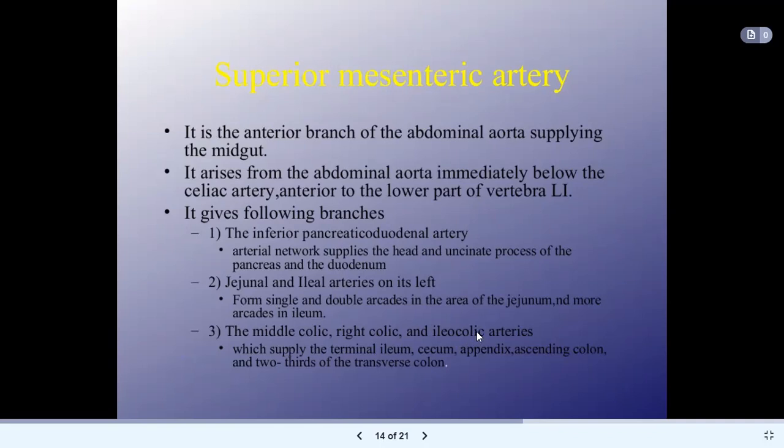That is what we call the ileocolic artery, as you will see in the diagram. They supply the terminal ileum, the cecum, the appendix, the ascending colon, and 2/3 of the transverse colon. The other 1/3 of the transverse colon will be supplied by the inferior mesenteric artery.